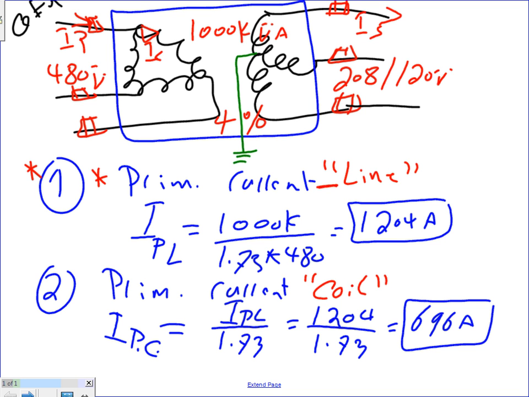Can I have heads up, down? Good there. Good there. Good. Chris? On these two currents, which one is the first current? The coil is the phase. Yeah, you call it the coil or the phase current. The coil current.